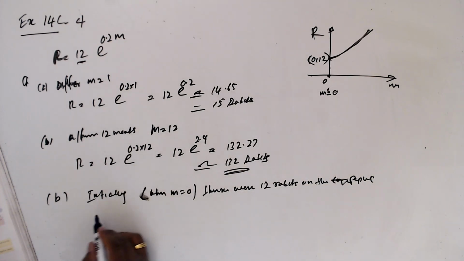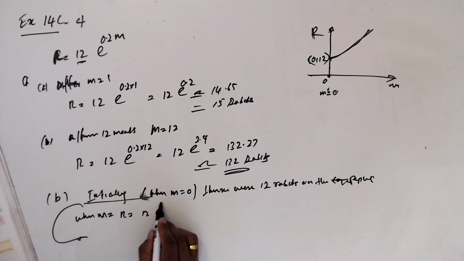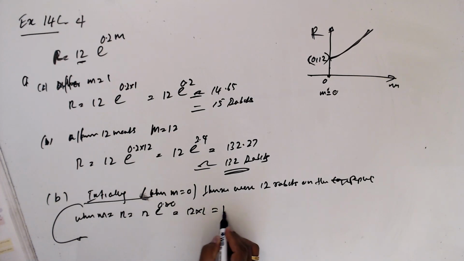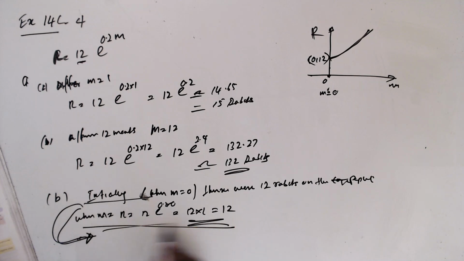Actually, we have to show this one. When M equals 0, before writing this, it will come here: R equals 12 times e^(0.2 times 0), which is 12 times 1, which is 12. Then you have to write the conclusion, because we wrote what we can see, but we have to give the calculation.